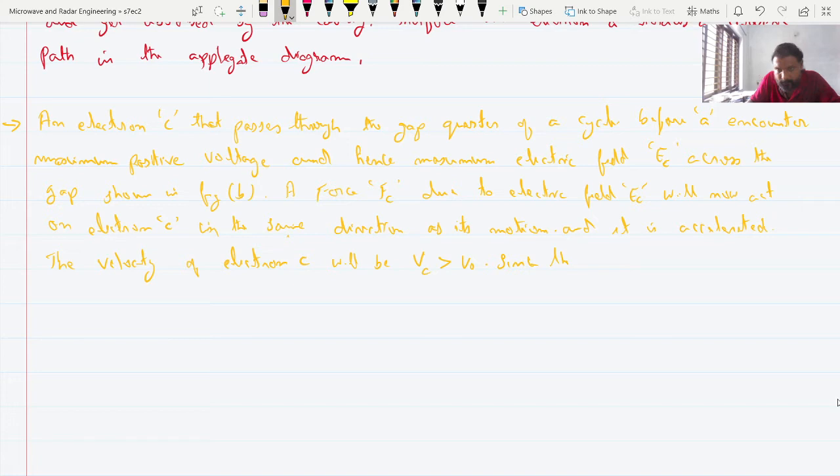Since the velocity has increased, its momentum also increases.